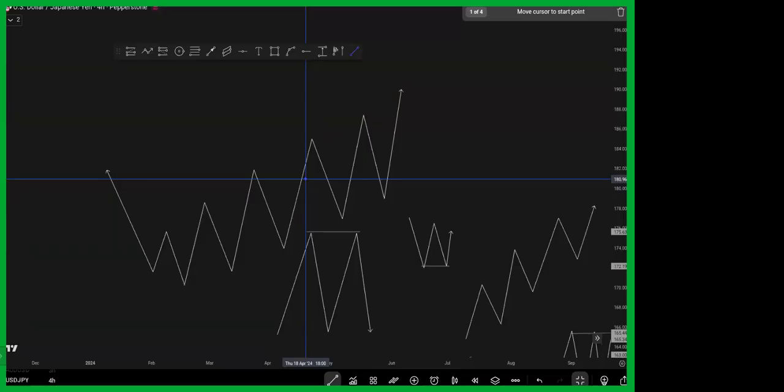So with that being said, the market was in a supply trend before, with this place being our last lower high.